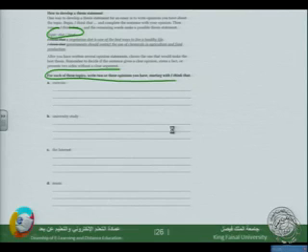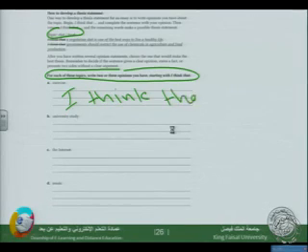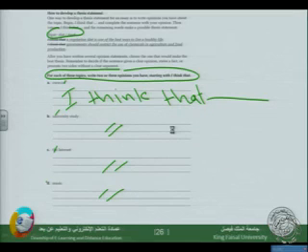For this, I want each of you to write your opinions starting with "I think that..." The same right here, and the same right here. I want you to write your opinion about exercise, university study, the internet, and music. Okay?